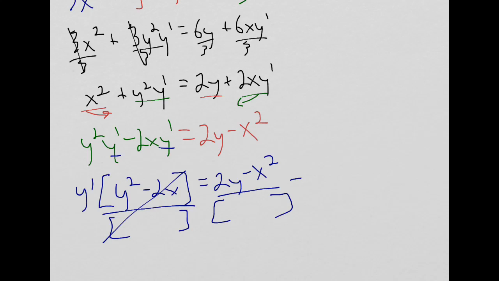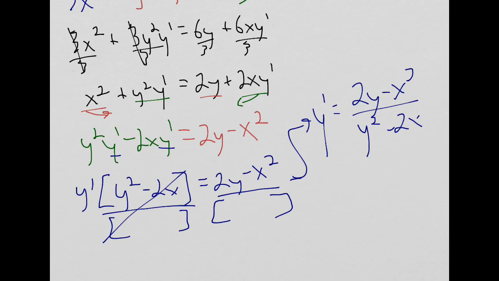So what I get is that my y prime equals 2y minus x squared over, what's in that bracket, I get y squared minus 2x.